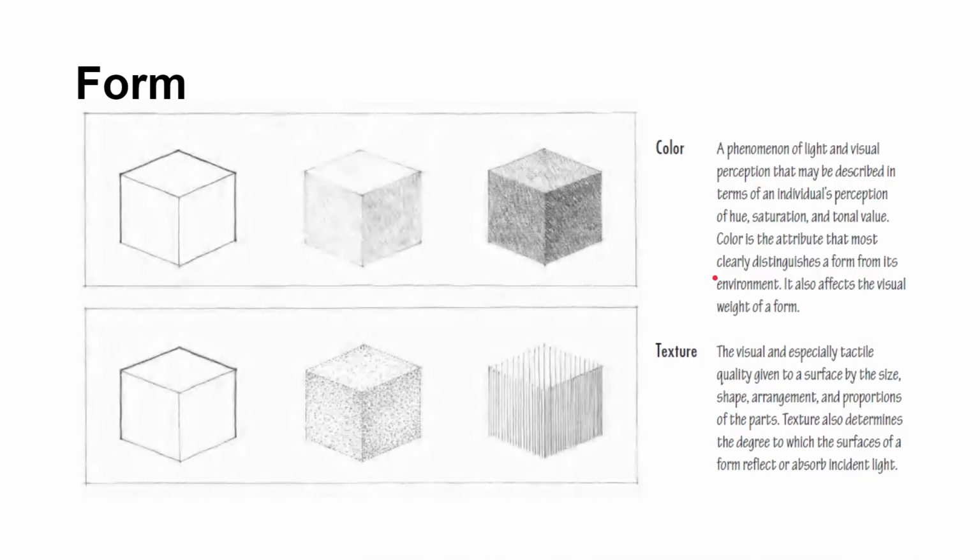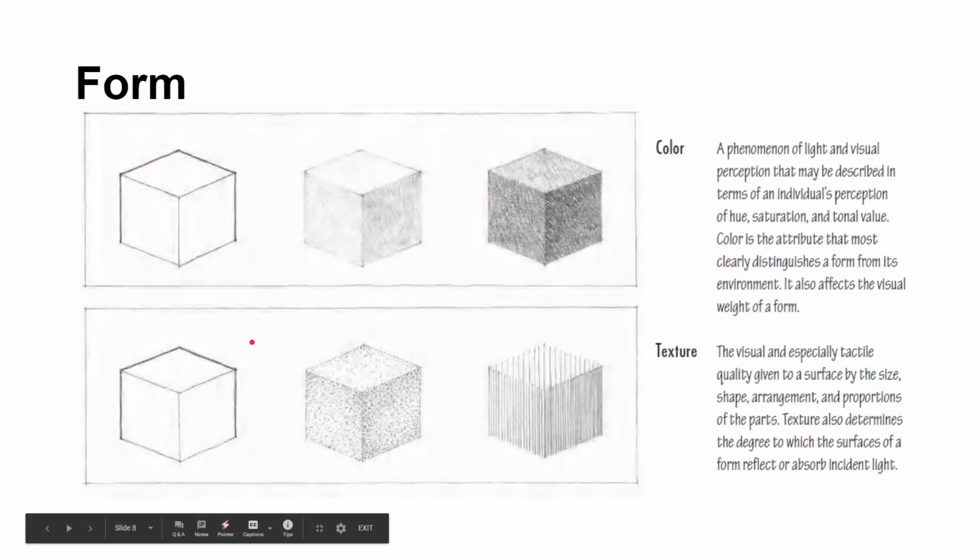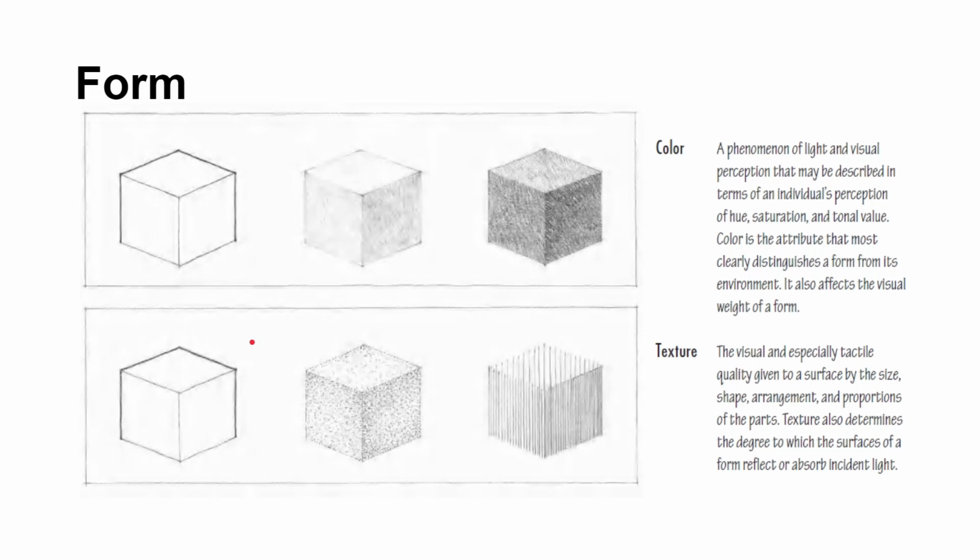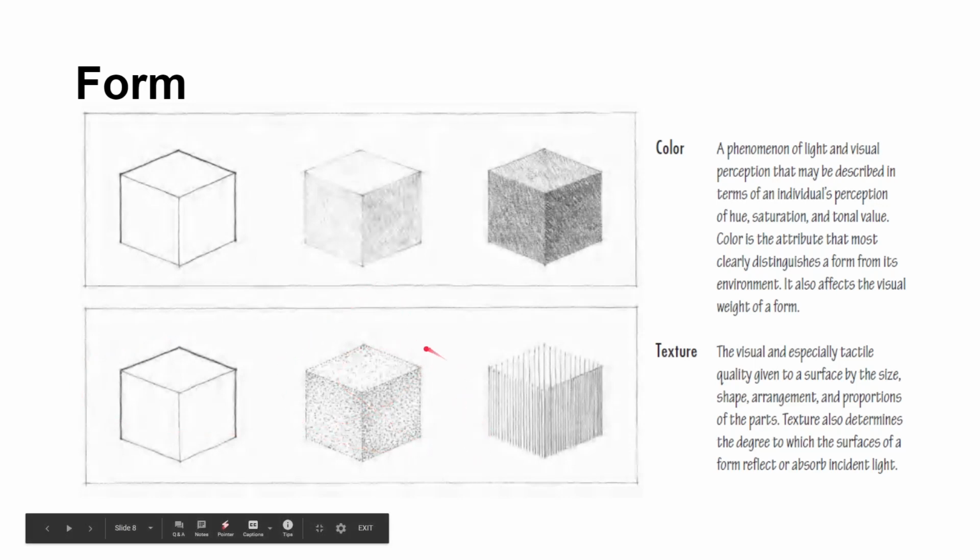In continuation to texture, as you can see in the first cube, there is an absence of texture. Therefore, we don't have any visual cues or visual textures. On your second cube, you have a pointed texture that might be related to sand.